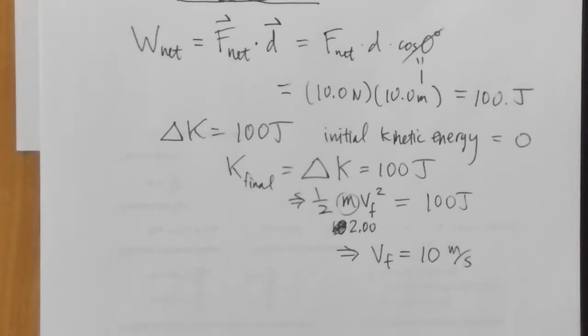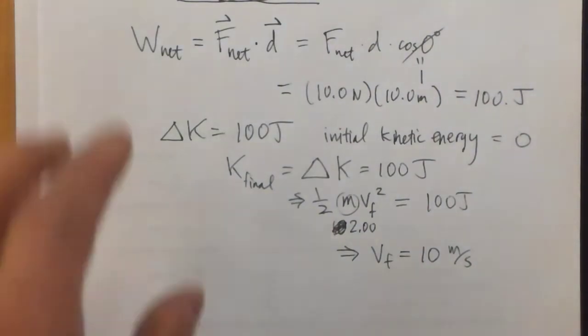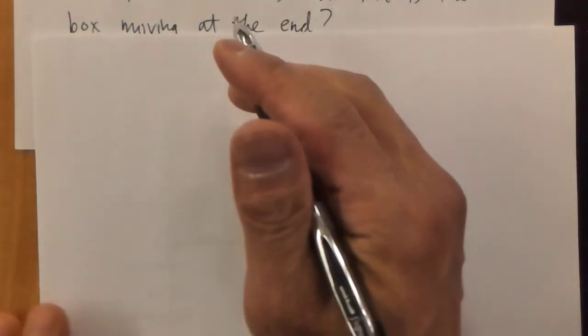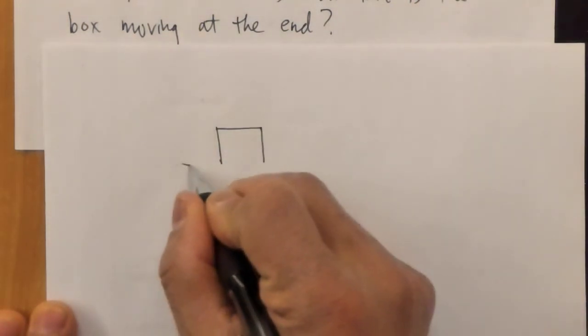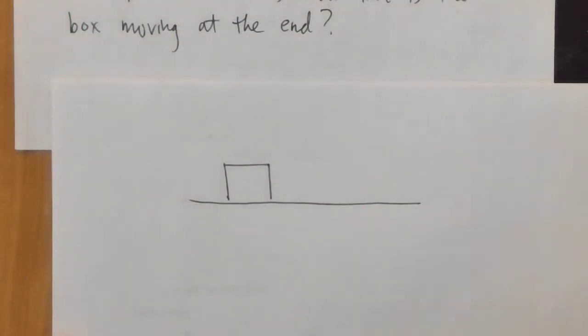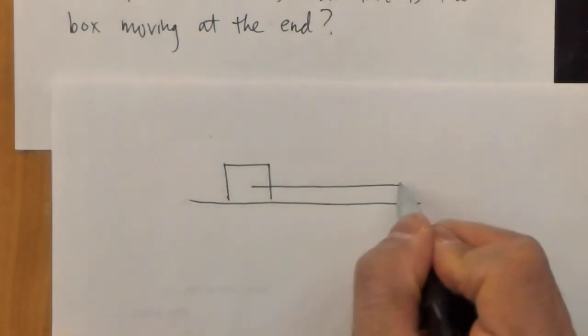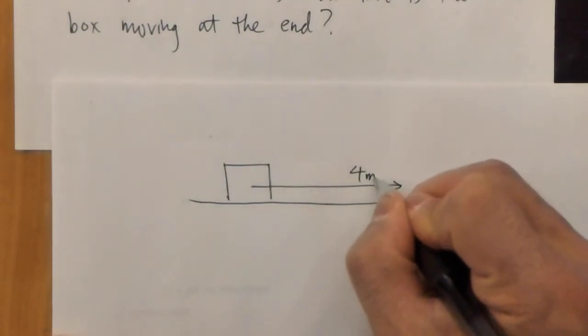All right, now the time remaining, let's do one clicker question. Let me just draw the figure. Another box on the floor. Let's say it's 4 meters is the displacement.